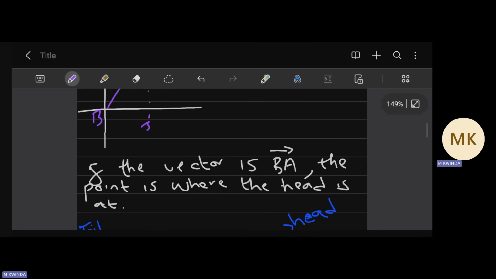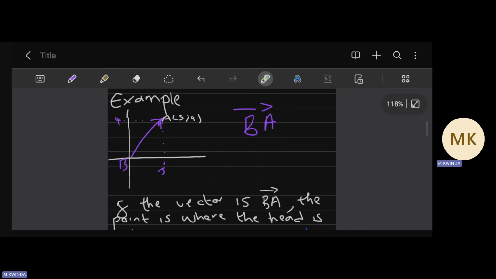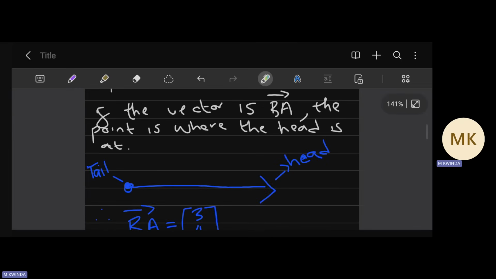I made a side note here. So vector BA, in this case, BA is where the point is and where the head is, right? So A would be where the head is, and B would be where the tail is, if you understand me. So I drew up a little vector to show you what I mean.